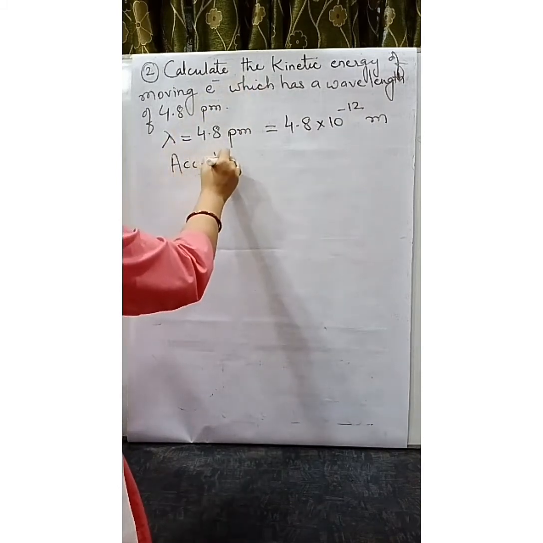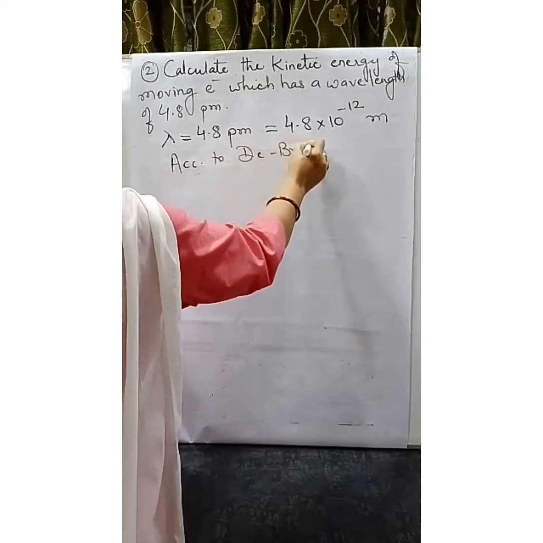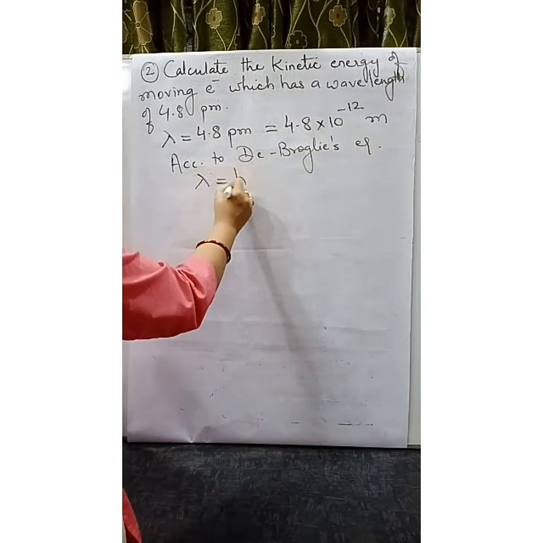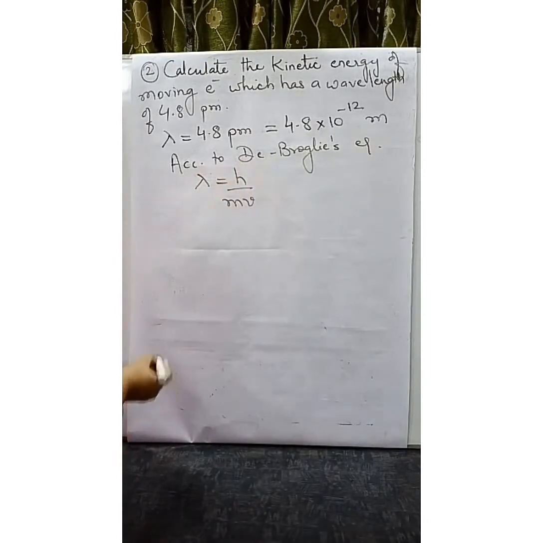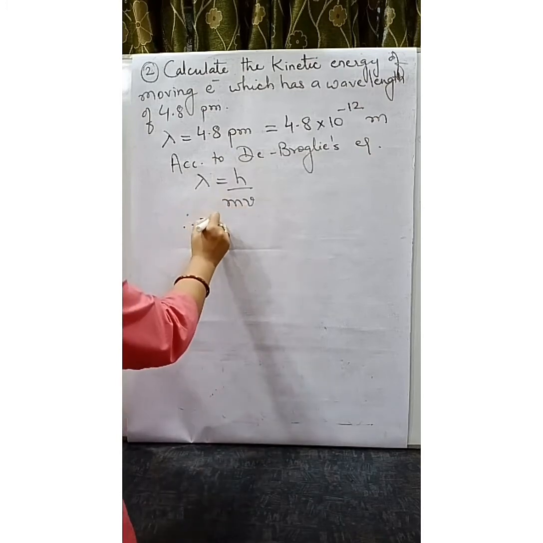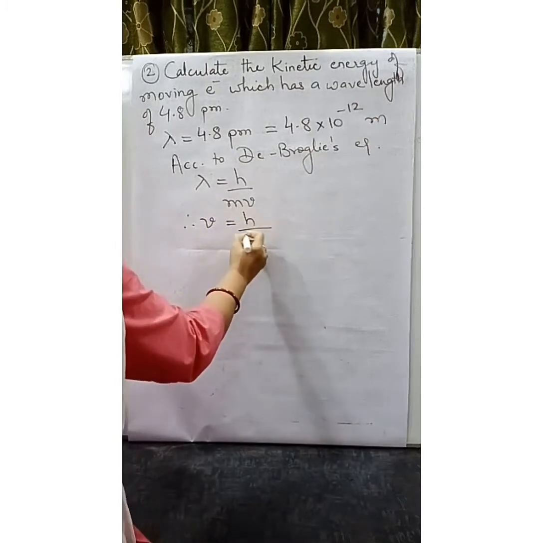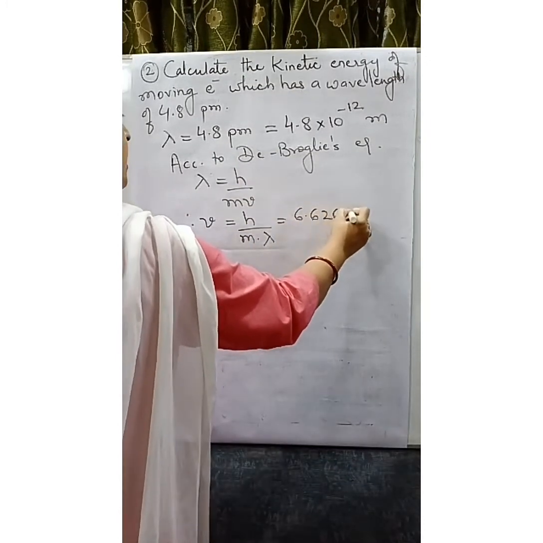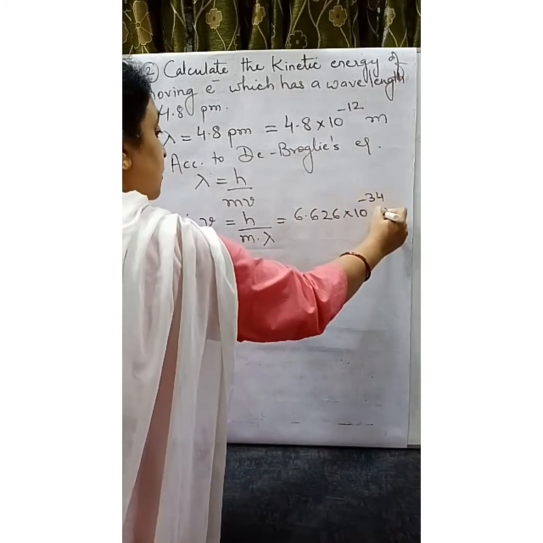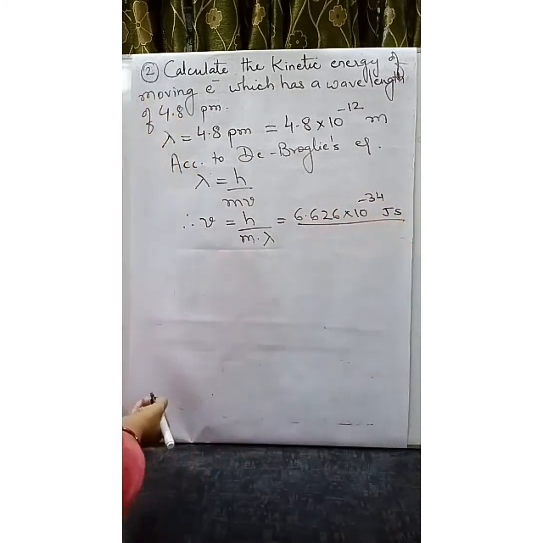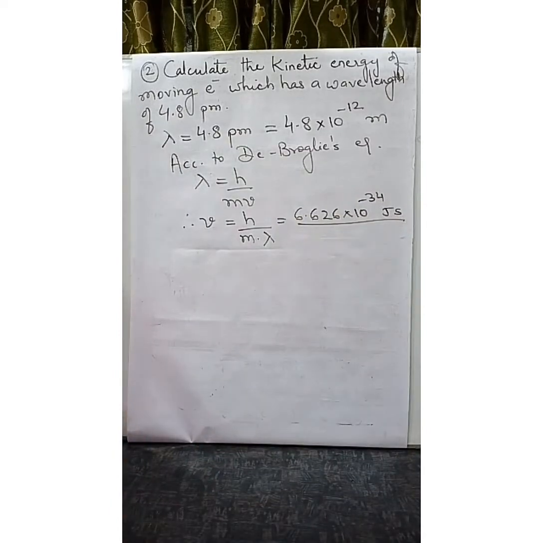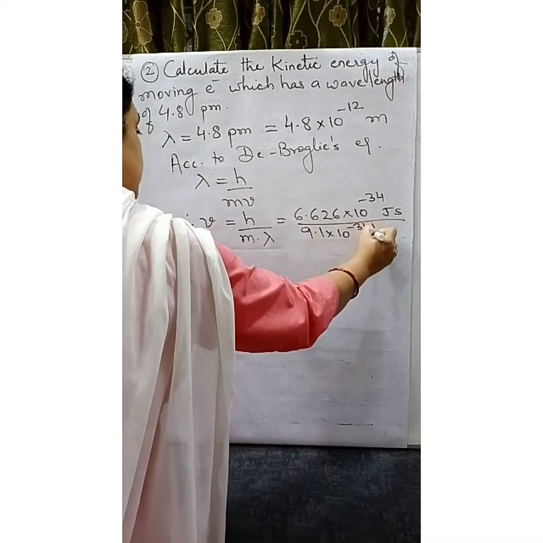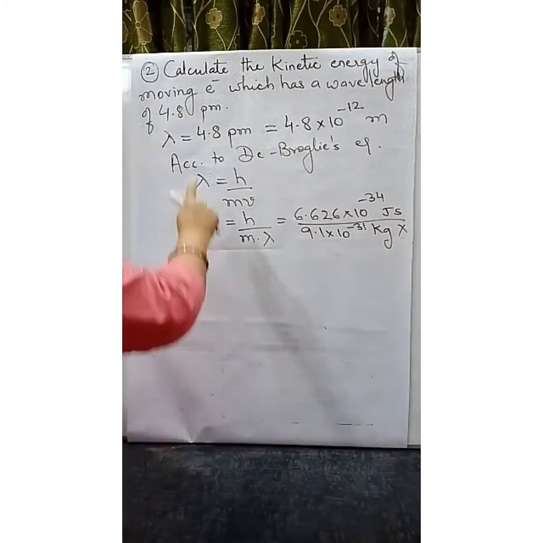According to de Broglie's equation, lambda is equal to h upon mv. We want to calculate velocity, so therefore v is equal to h upon m into lambda. Put down the values: 6.626 into 10 to the power minus 34 joule second is Planck's constant. m is the mass of the electron, 9.1 into 10 to the power minus 31 kg, into lambda.